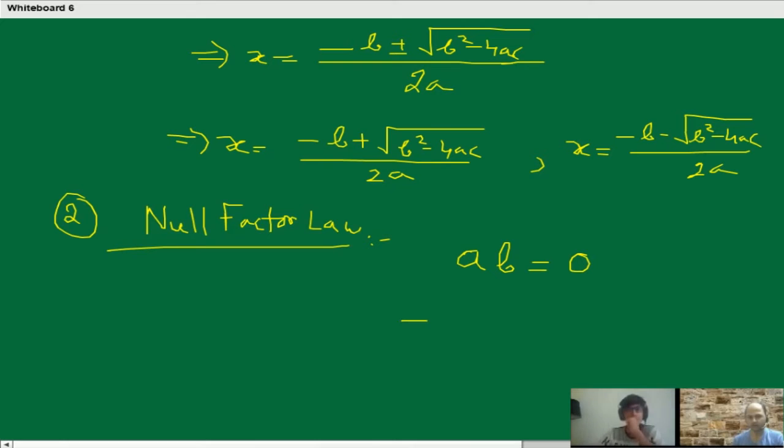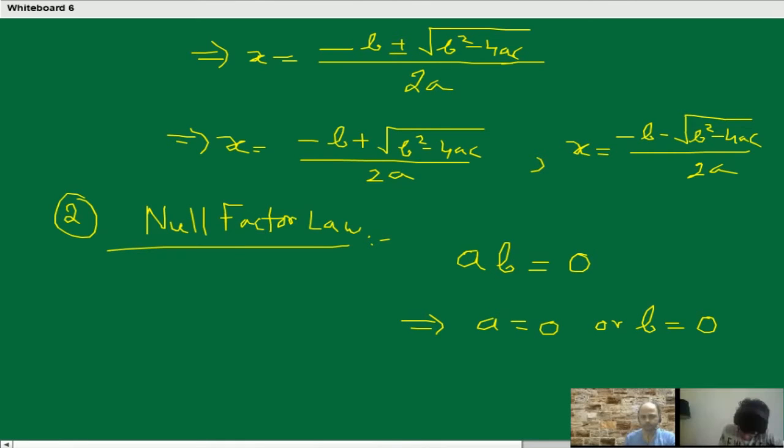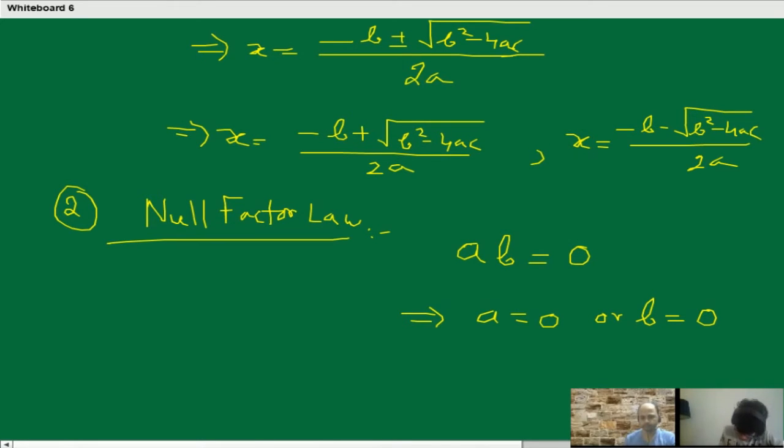So the null factor law says either A would be 0 or B would be 0, or both would be equal to 0. Write this down. Okay, I've written it down.